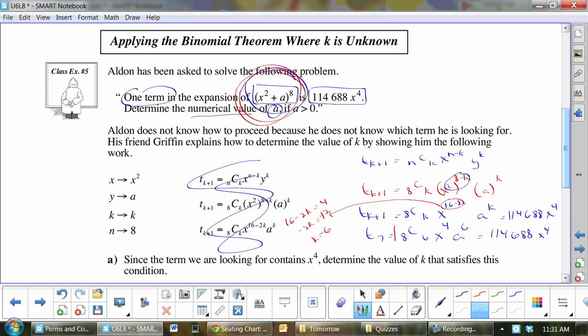Now, I just want you to look at this. If those two were equal, what's the next thing you would do? Well, algebraically, what's the first thing you should do? Get rid of your x to the 4s. What's next?